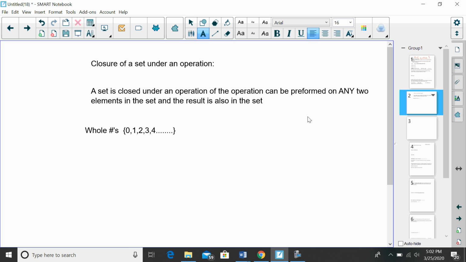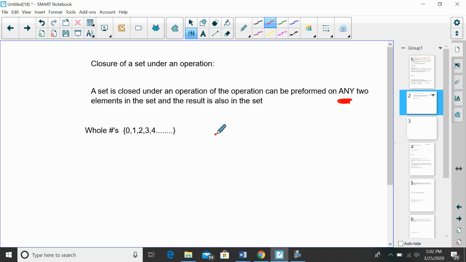A set is closed under an operation if the operation can be performed on any, so keyword is any, not just one or two numbers, but all numbers, and the result is also in the set. So if I define addition and multiplication, I don't multiply my way out of this set, I don't add my way out of this set, right?